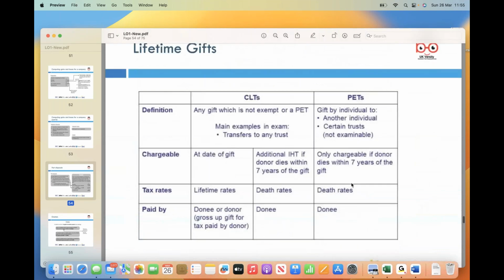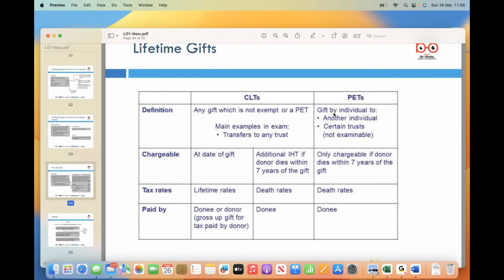Here are the definitions we just discussed. Chargeable lifetime transfers refer to any gift made by an individual to another individual or certain trusts that is not an exempt or potentially exempt transfer.